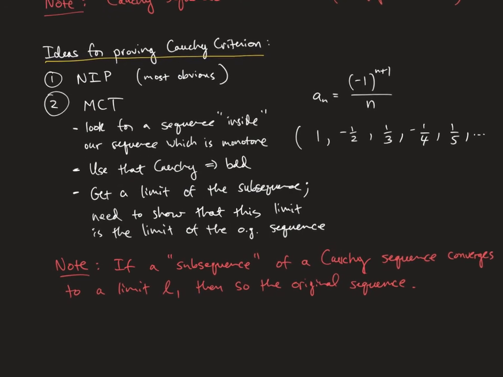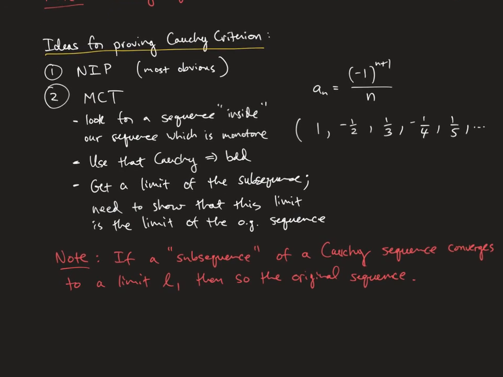The final way to prove the Cauchy criterion is the least obvious way, and this is using what's called the Bolzano-Weierstrass theorem. It's also the least obvious way to spell, the hardest to spell, and the least obvious.